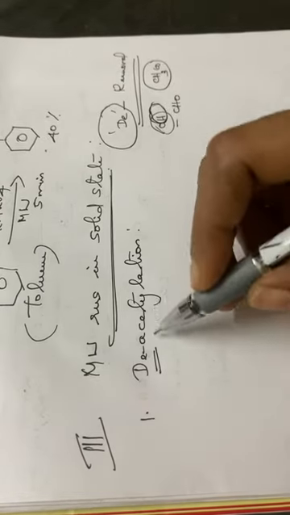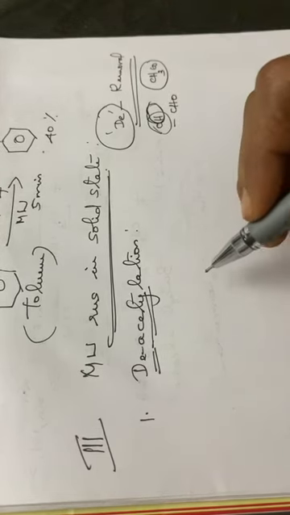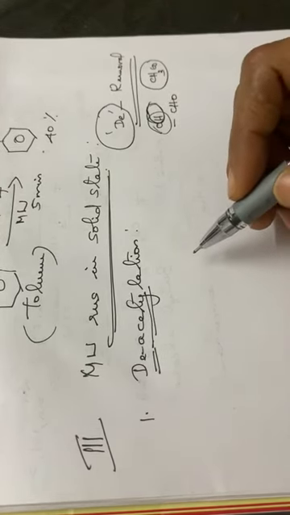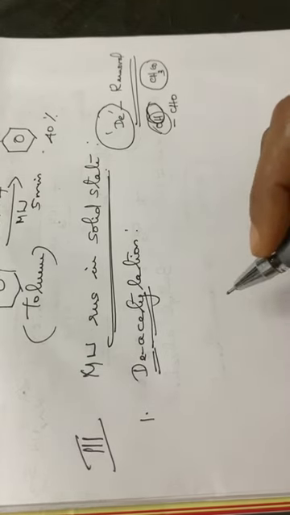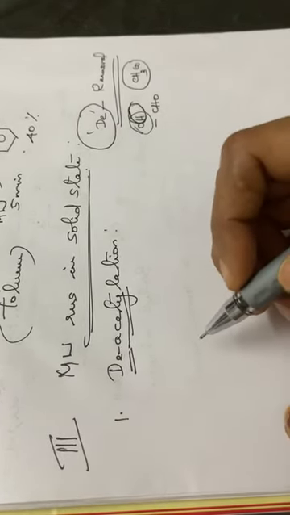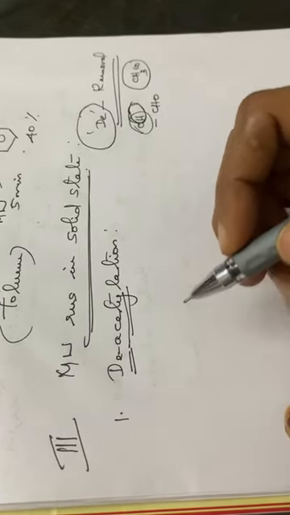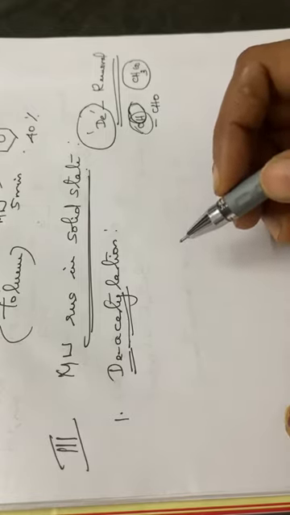So for that we use the deacetylation reaction. Usually this deacetylation process will be carried out under acidic or basic conditions, and it usually takes a very long time, and the yield is also very low. But while using microwave assisted synthesis, the yield will be very high, and the time taken will also be very low.